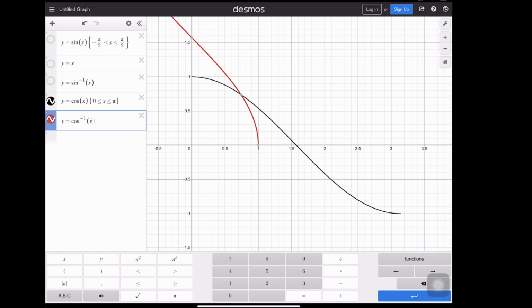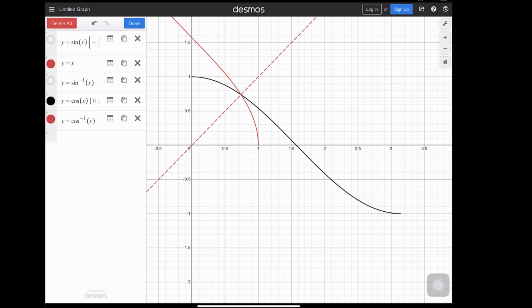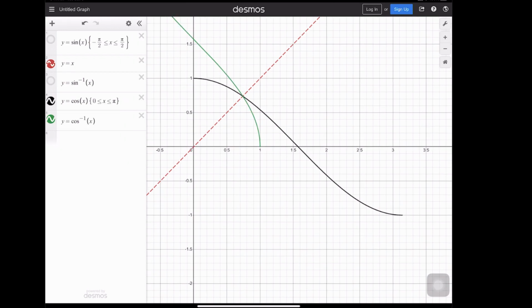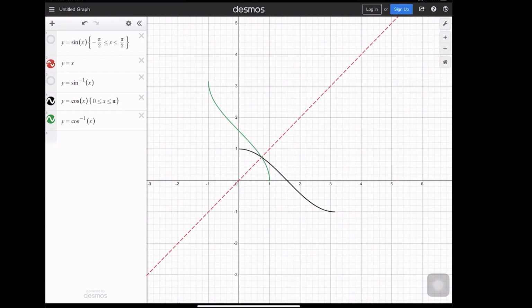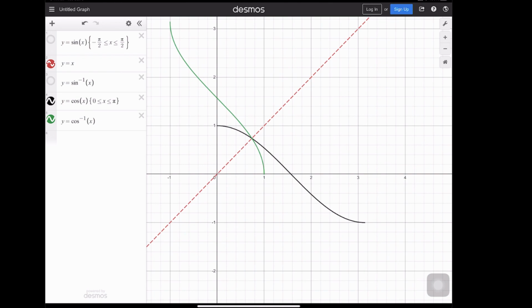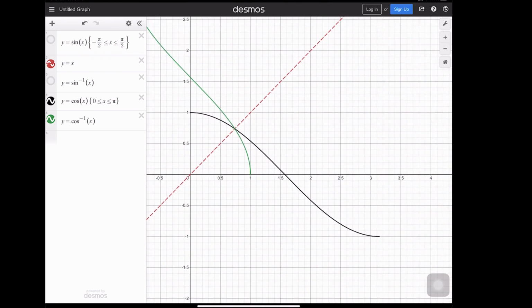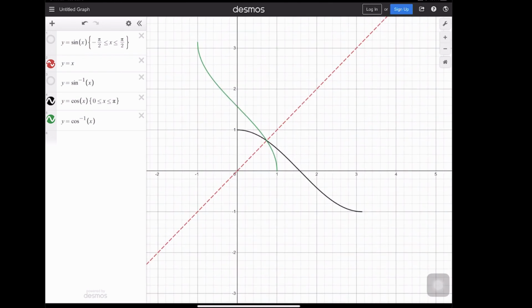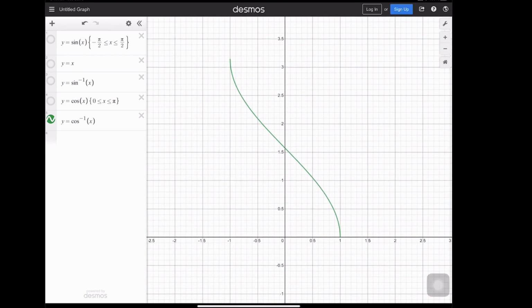And again, I'm going to change this to green. Reflected about the line y equals x, so you guys know. Be careful. So here's my inverse cosine curve.